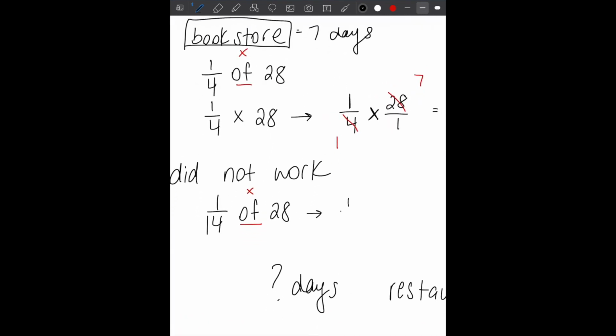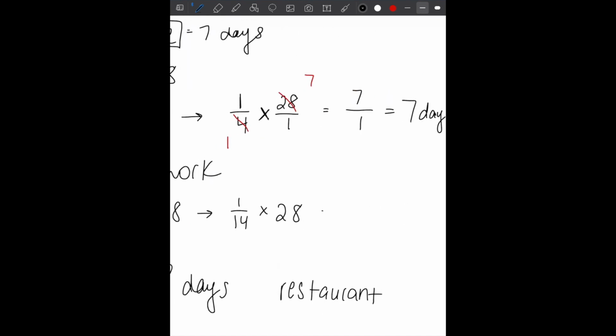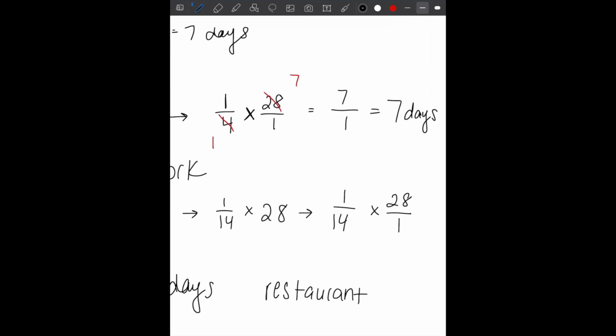And down here, we would write this as this. Again, rewrite it as this. And I would ask myself, how many times can, let's use the number 7, how many times can 7 go into 14? 2.